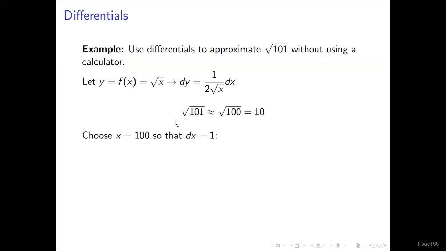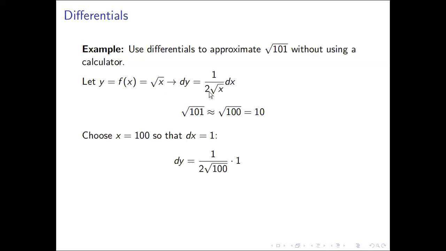So we will take x equals 100 to be our initial value, so that we can compute the approximate change in y when x changes to 101. So we will set dx, the change in x, equal to 1, and compute dy.